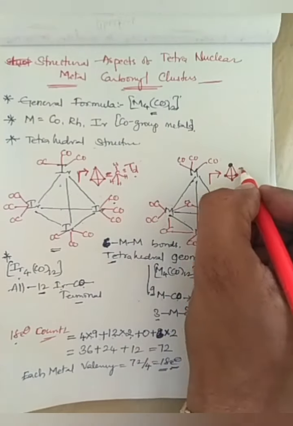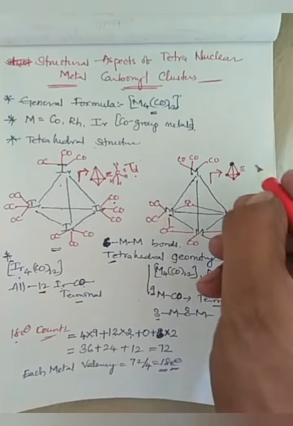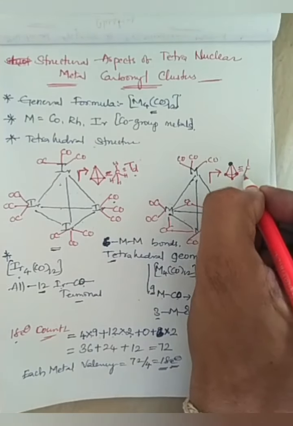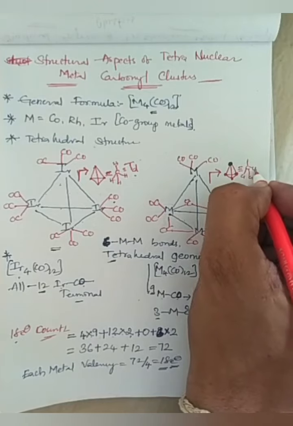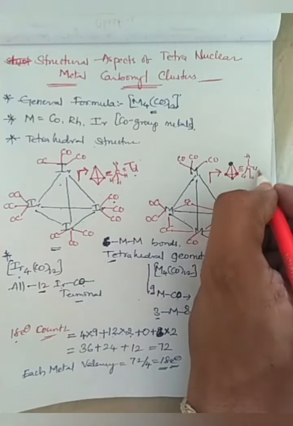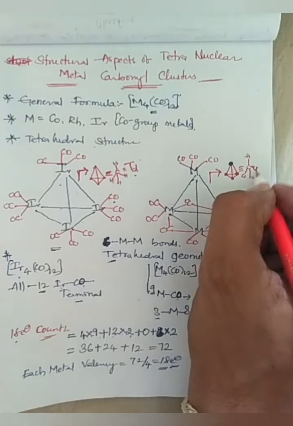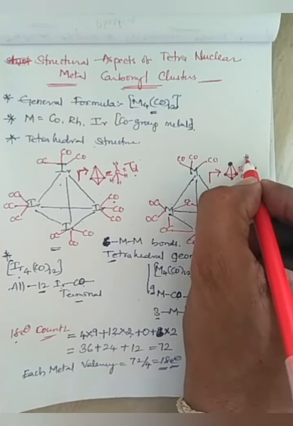So this can be considered like chloroform. In the tetrahedral chloroform structure, three sides of chlorines are the same, and the other hydrogen side is different.